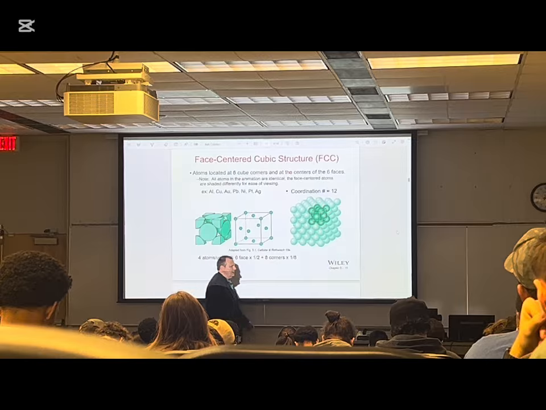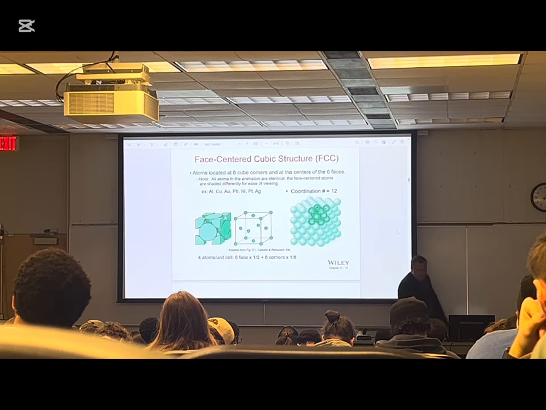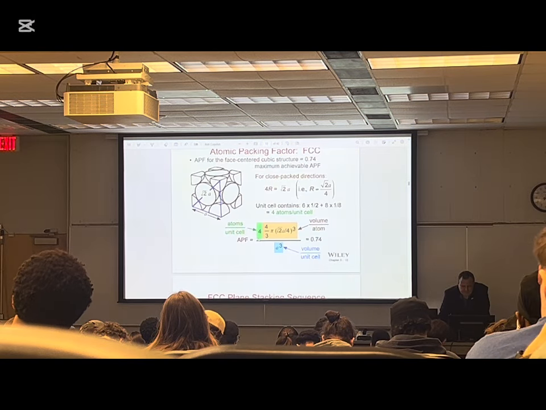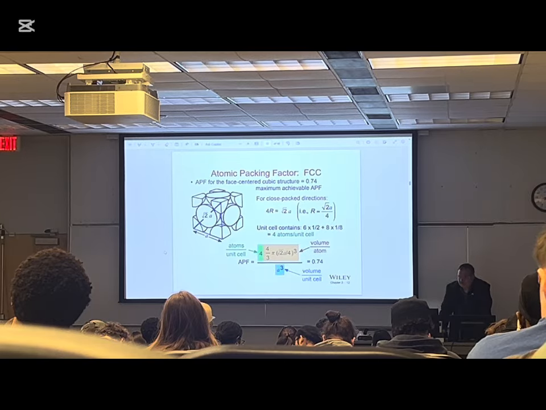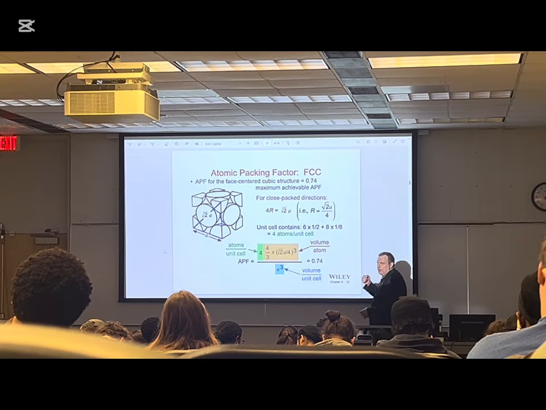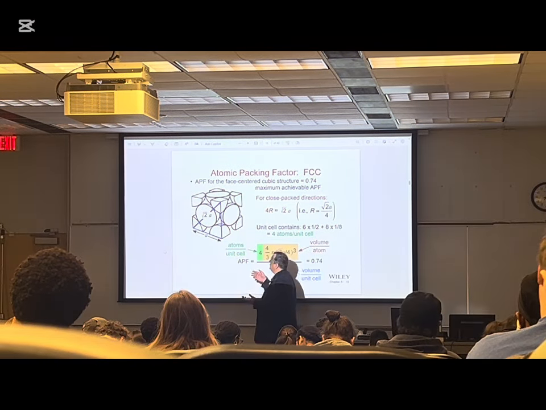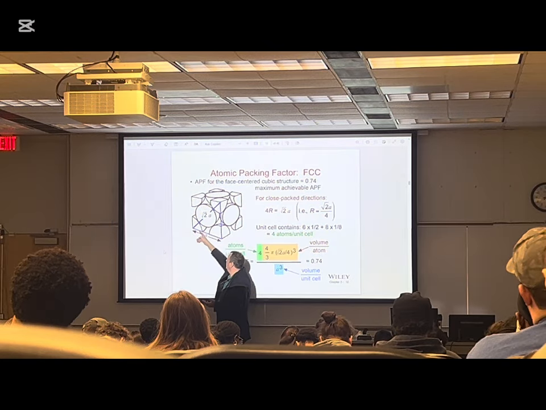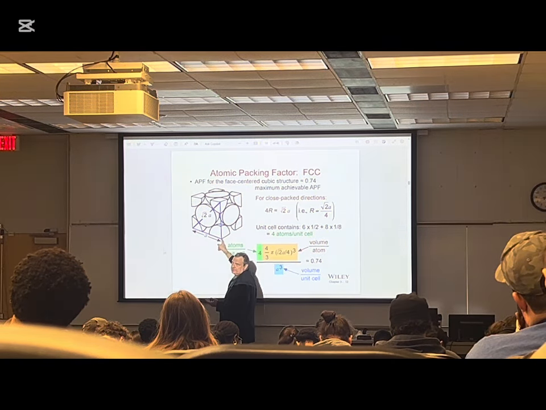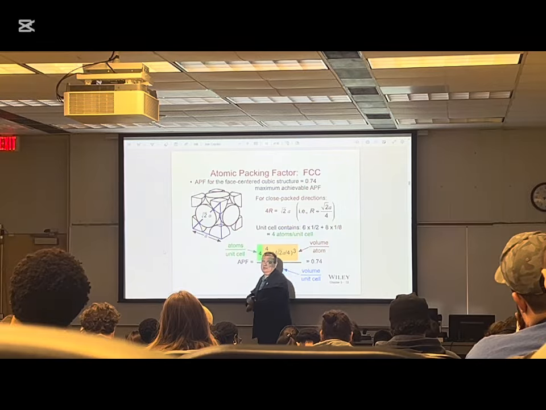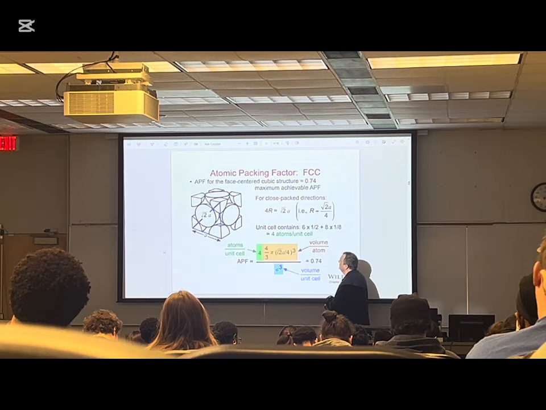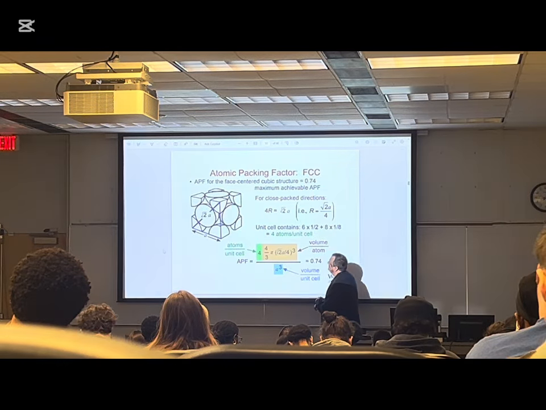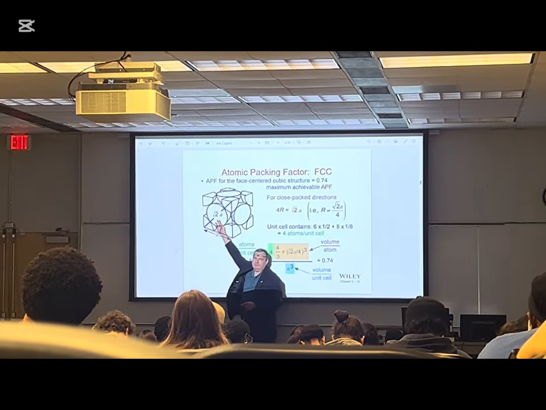Let's calculate the atomic packing factor for this. Where are the atoms touching here? Well, they're touching along the diagonal of the face. So like this. If the unit cell is a, then this diagonal is going to be square root of 2 times a.